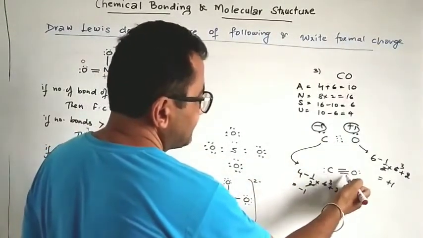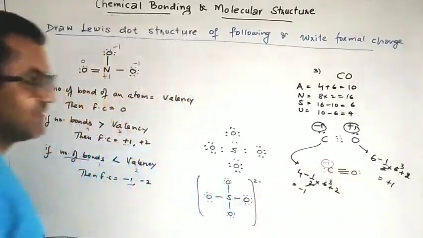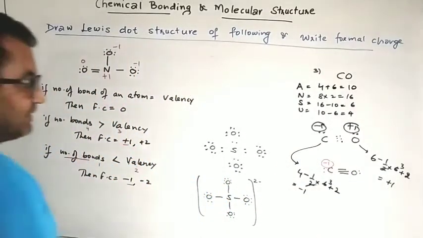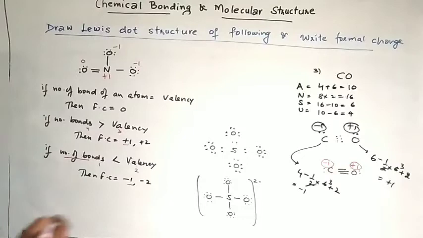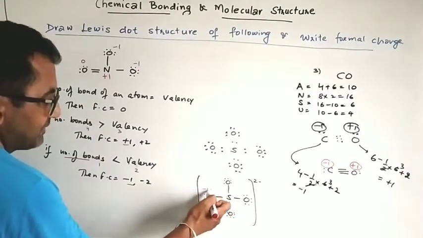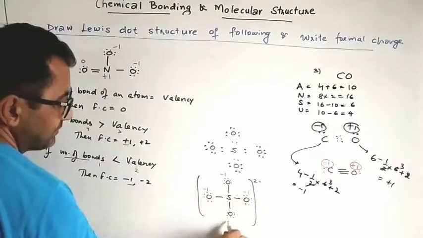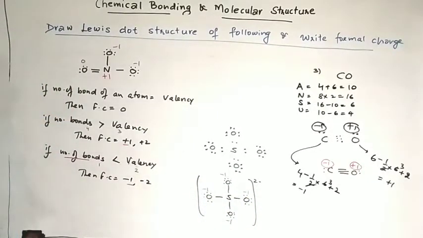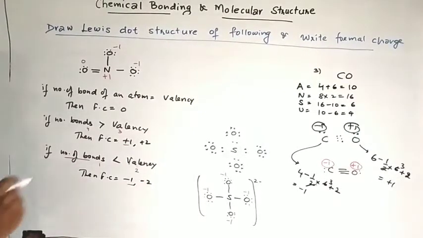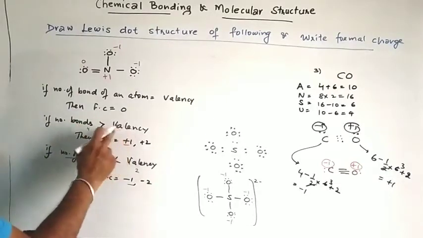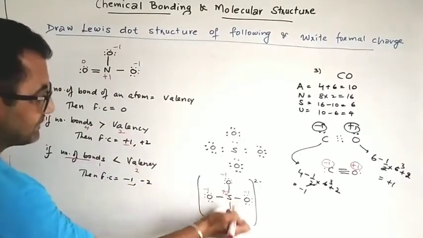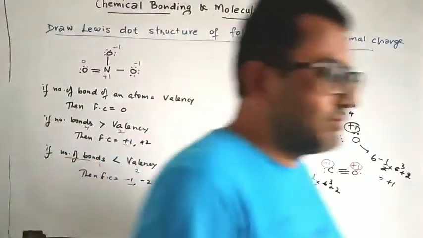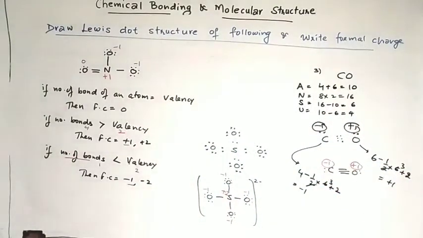How many bonds is it forming? 3. This means -1. The valency of oxygen is 2, how many bonds is it forming? 3, one more, so +1. Directly from here you can write: what is the valency of oxygen? 2, bond 1, so -1, this also -1, this also -1, this also -1. What is the formal charge on sulfur? What is the valency of sulfur? 2. How many bonds is it forming? 4. So the number of bonds is more than the valency. The valency is 2, the bonds are 4, 2 more, so what charge comes on it? +2.